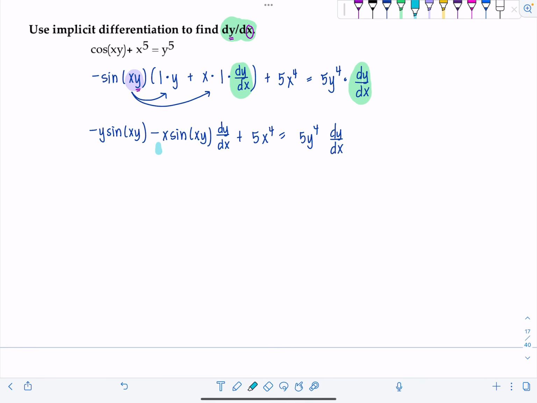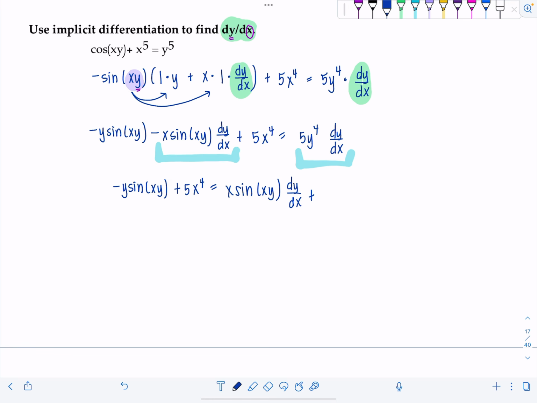And then, these 2 terms are yearning to be together. So let's make their dreams come true. I'm going to write negative y sine of xy plus 5x to the fourth equals x sine of xy dy/dx plus 5y to the fourth dy/dx.